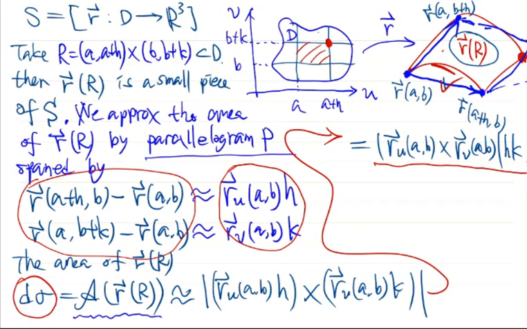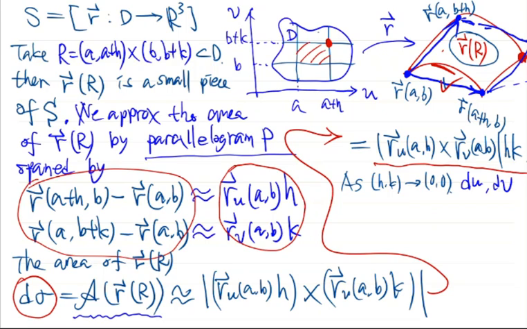Now we let h and k go to 0. For infinitesimally small h and k, we denote them by du dv, because h and k are the increments in the directions of u and v.